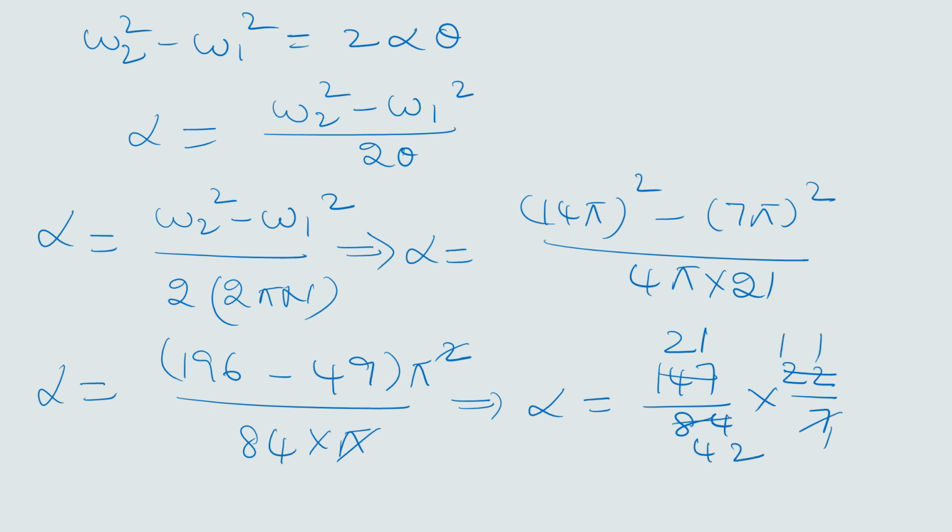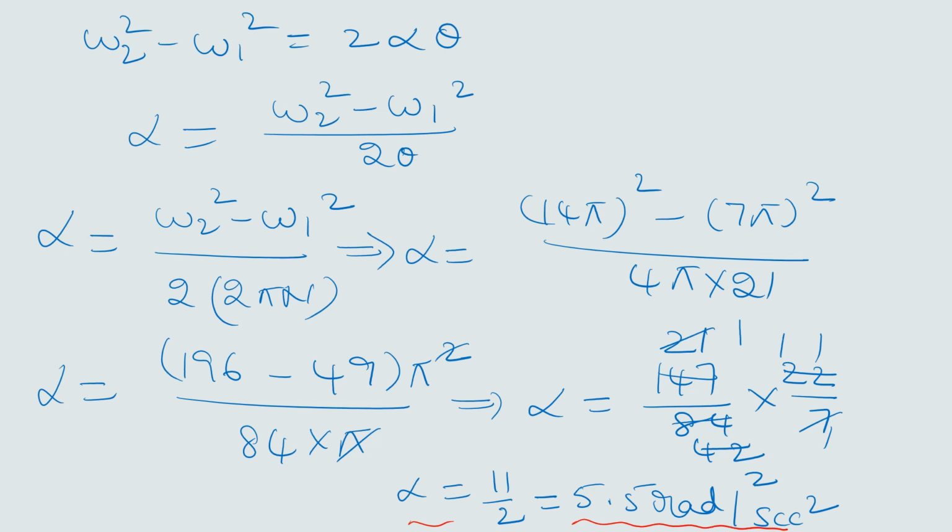So alpha is equal to 21 2s are 42, so that is 11 by 2, which implies 5.5 radians per second square. So angular acceleration alpha is 5.5 radians per second square.